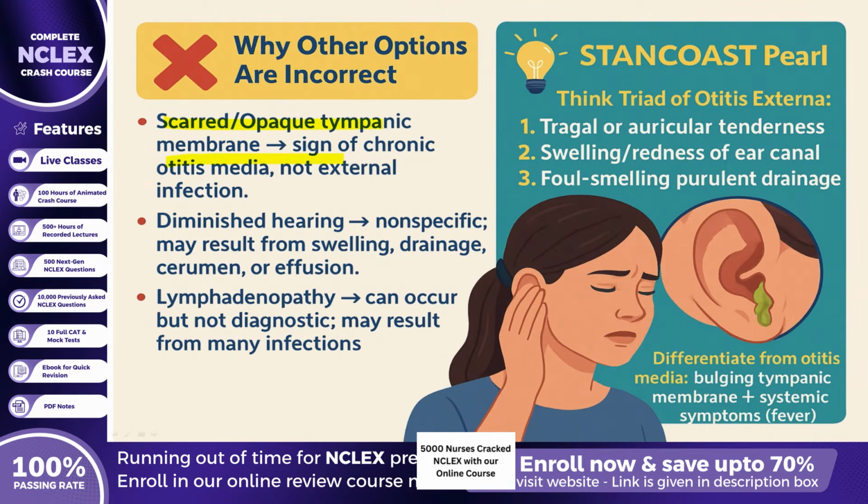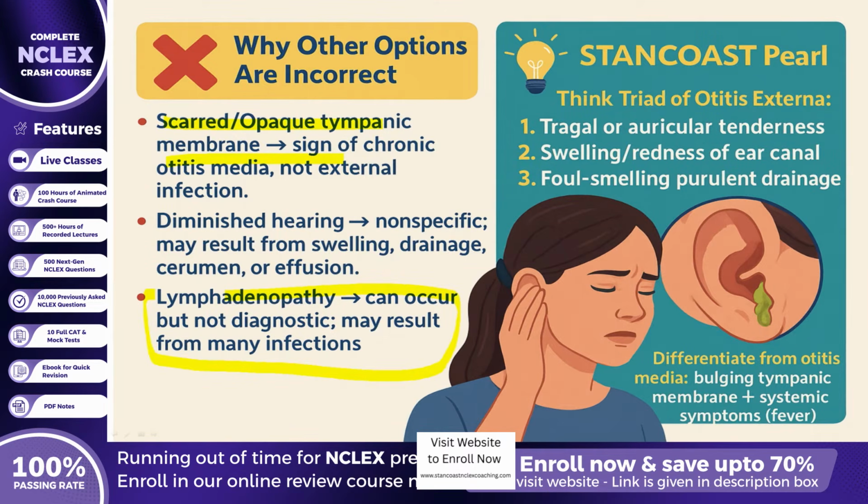This is nonspecific because hearing loss can also result from cerumen impaction, middle ear effusion, or other causes. Finally, option 4, palpable lymphadenopathy near the ear, may appear with various infections, including dental or upper respiratory sources. Although lymph node enlargement can accompany otitis externa, it is not nearly as diagnostic as foul-smelling drainage.